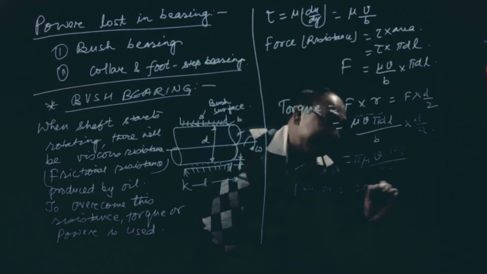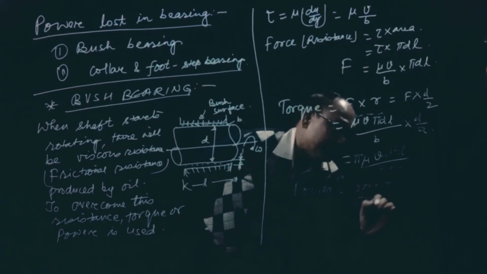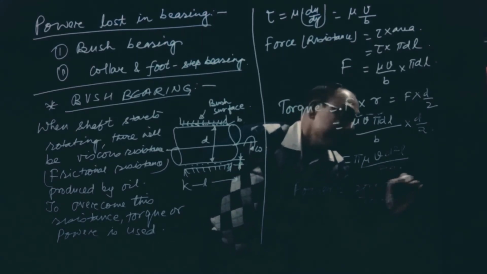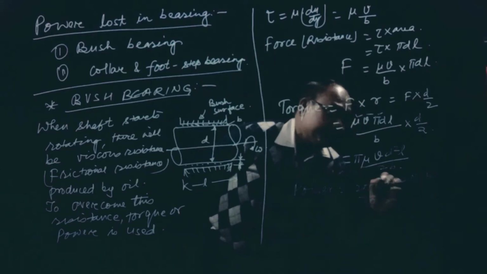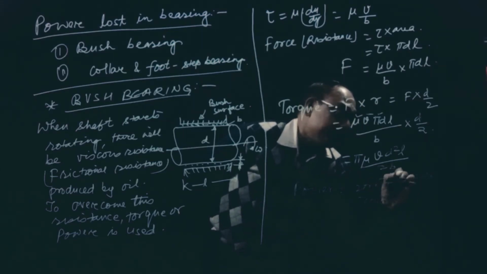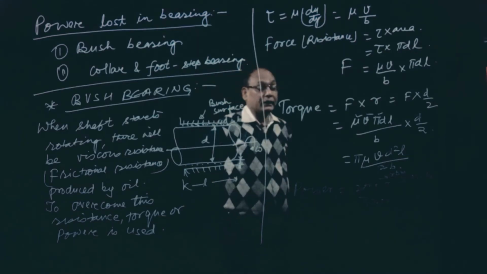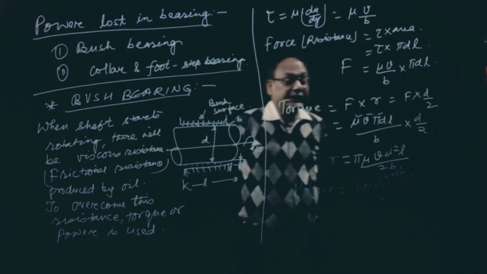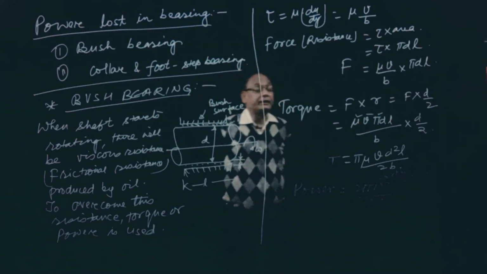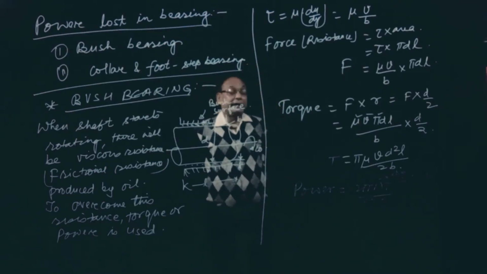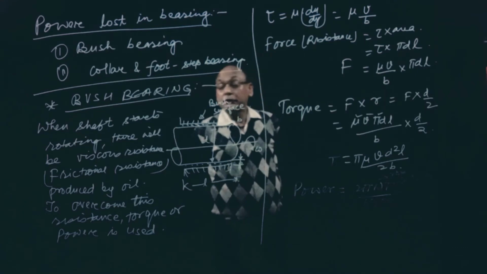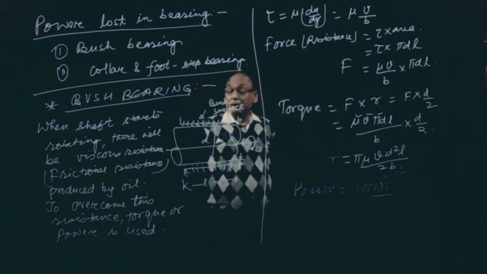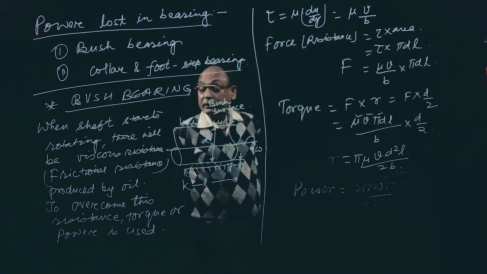2 pi n T by 60,000, where T should be in Newton meter and n should be in RPM, revolutions per minute. Knowing this torque T, that is pi mu V d square L by 2b, we find how much power is required. Torque and power are required to overcome this frictional resistance.